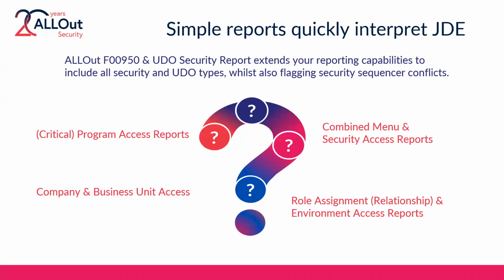Depending on which questions you want to ask, our reports help you retrieve the data you need quickly, to review existing security in real time and analyze by user, role, process, program, as well as task view and environment information. You can also look at company and business unit access while diving deeper into row and application security. The reports are extensive and it really depends on what you need greater visibility on.